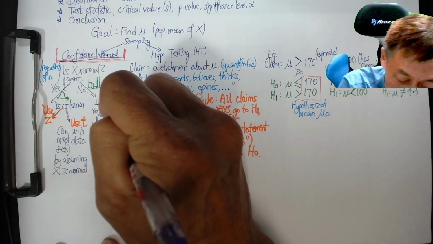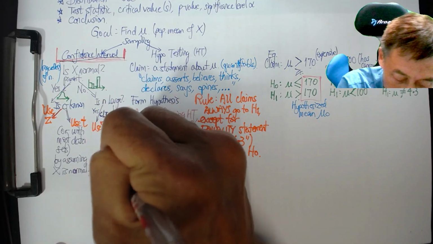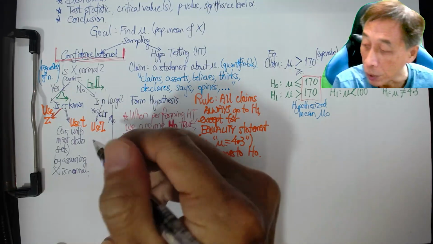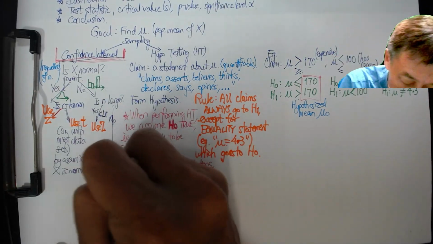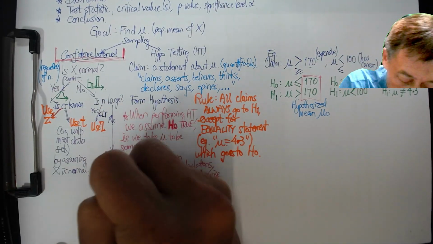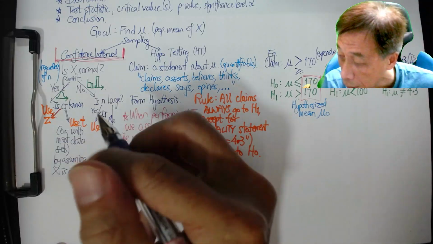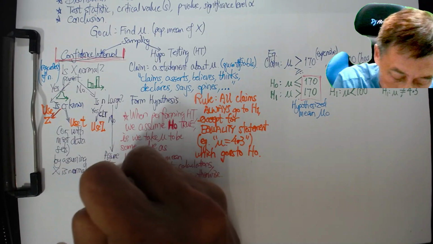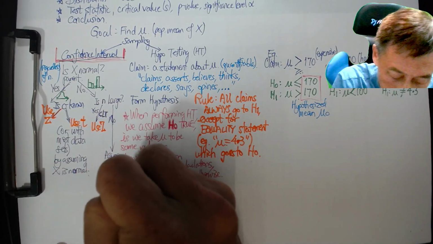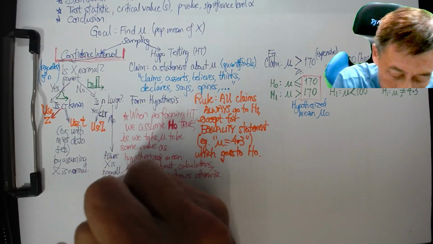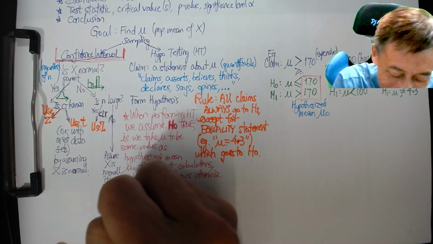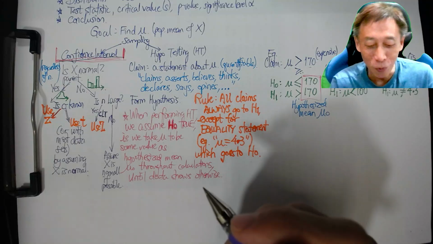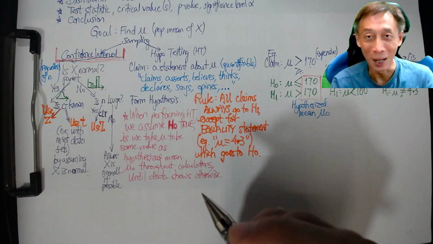Okay. So if n is not large, then what we do is assume X is normal, if possible. If possible means the question did not stop you from saying, let's assume X is normal.